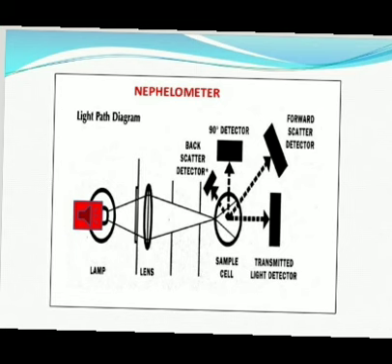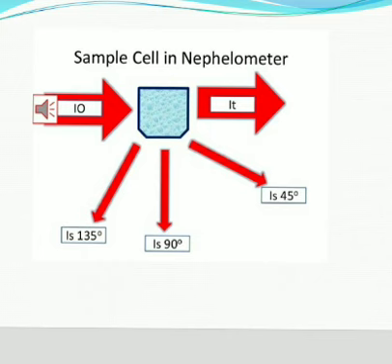As you see in the instrumental diagram, there are three rays going out: first, transmitted, absorbed, and some scattered. Scattered light goes at 45 degrees and 135 degrees, but generally the largest scattered light goes at 90 degrees.